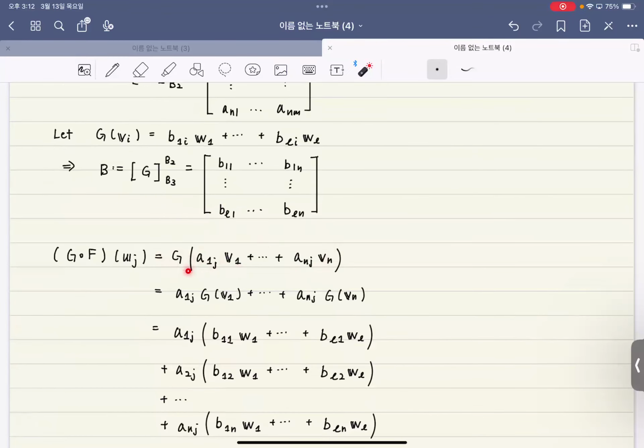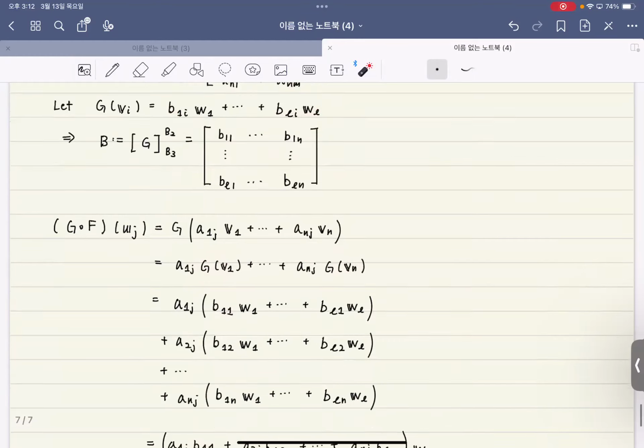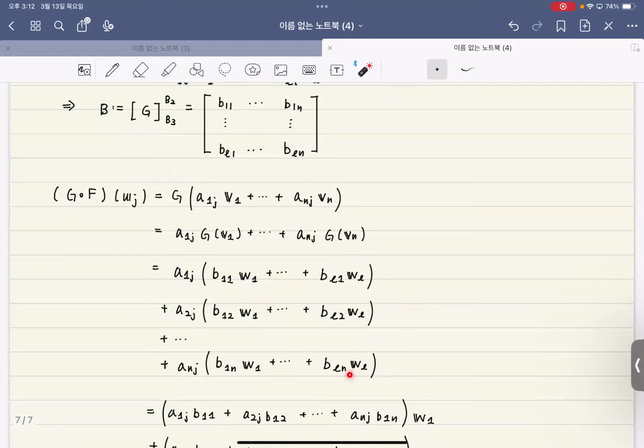But since G is also linear, I can split this entire thing into these n terms, just like this. Then each G of Vi, from this one to this end, I want to replace by this. So I get this long tedious computation.